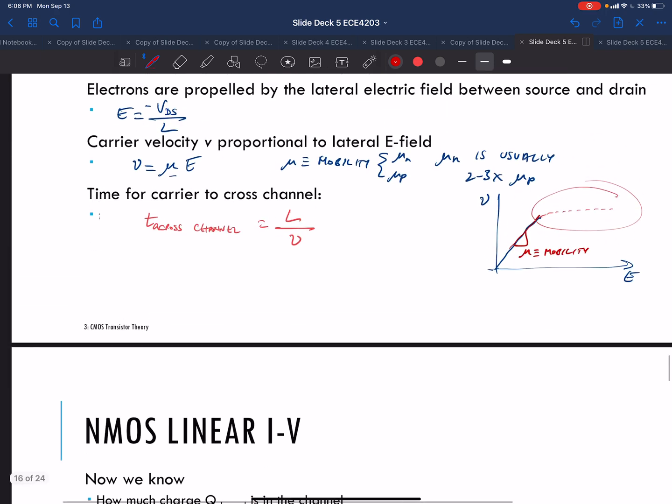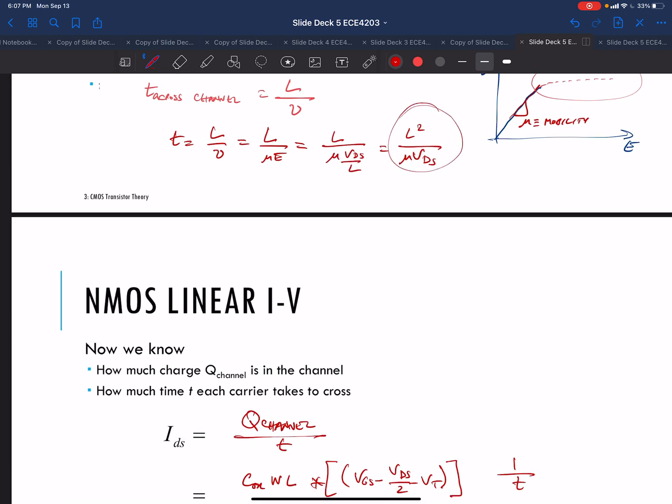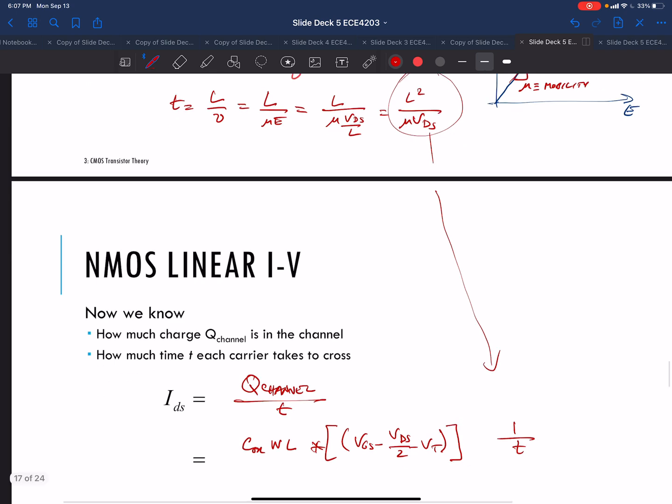So let's look at time here. It's length over velocity. The velocity is mu times epsilon, so it's mu E. And then E is VDS over L. So the time is L squared over mu VDS.